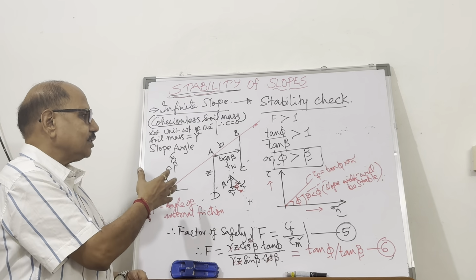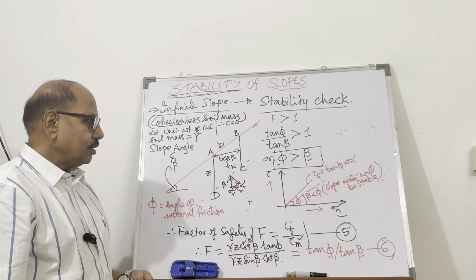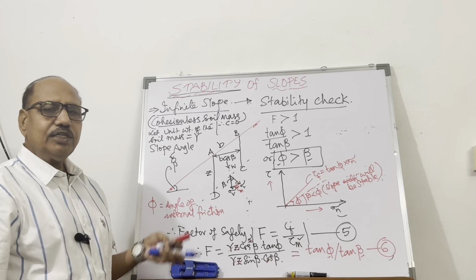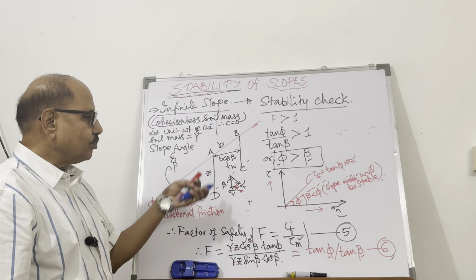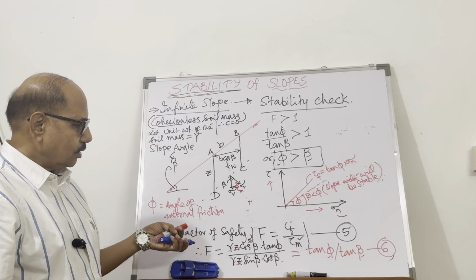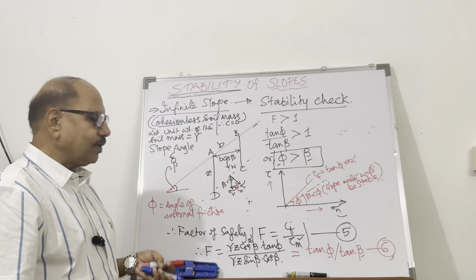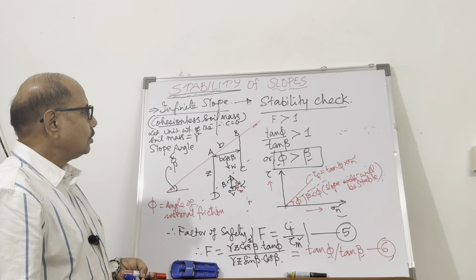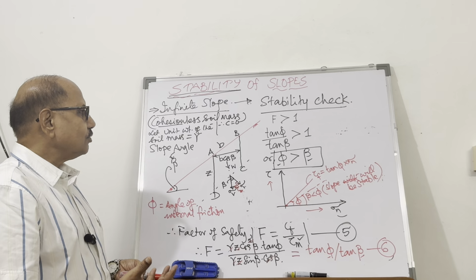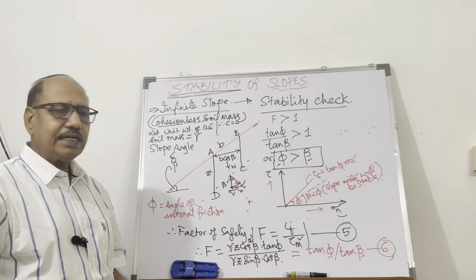First, I will be dealing with the infinite slope. And what are the forces? One is the weight, as you have seen it. The weight is going to be a very important factor. If the weight is more, then you have got greater normal and tangential component. So one is the force of gravity, that is crucial for stability checks.